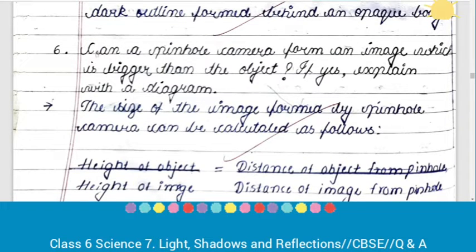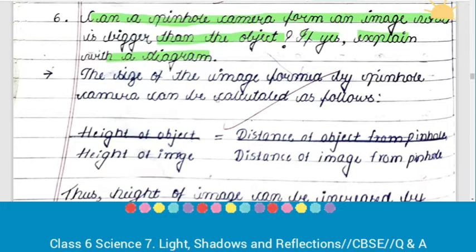Sixth question, can a pinhole camera form an image which is bigger than the object? If yes, explain with the diagram. Answer, the size of the image formed by a pinhole camera can be calculated as follows.